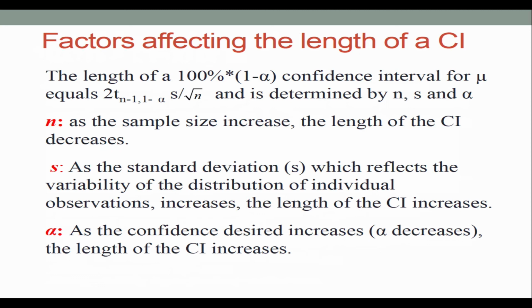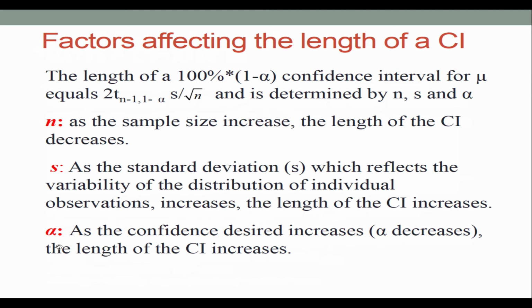If in the general population all the values are very concentrated, less spread out, then you can create a much shorter confidence interval from the sample mean. So S is the variability of the distribution in the population, and this also affects the length of your confidence interval.